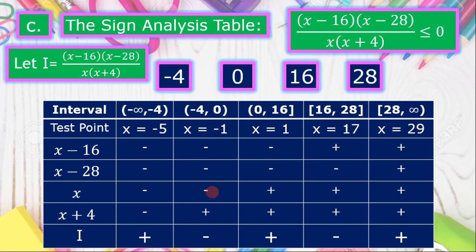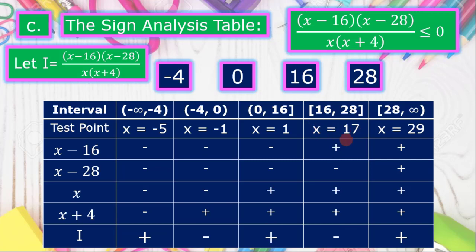Now there are 3 negatives and 1 positive. Then we have a negative in the final inequality. So for x equals 1, positive 1, 1 minus 16, negative, 1 minus 28, still negative, 1, positive, 1 plus 4, it's 5, positive. So 2 negatives, 2 positives, the result is positive.